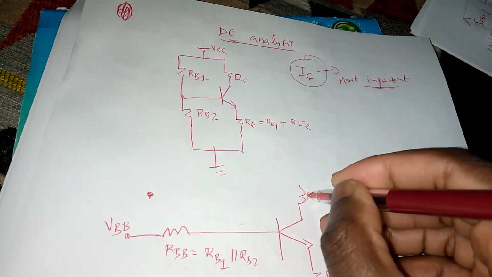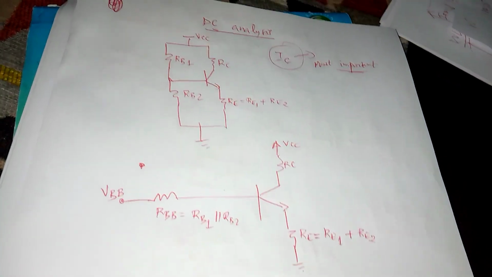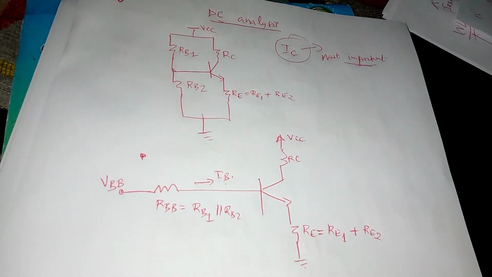Then we still have RC, and we've got VCC. The analysis of this circuit, and IB flowing here, of course. This is one alternative.